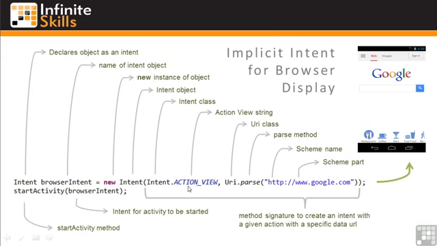The first is the action type. The second uses the parse method of the URI class to format a URI. The URI is specified here as a parameter to that method and is the web address for the Google browser. The second statement uses the start activity method of the activity class to use the browser intent we just created to start the Google browser.